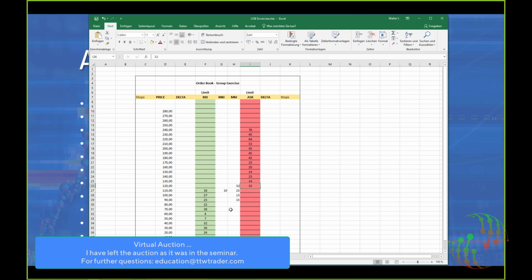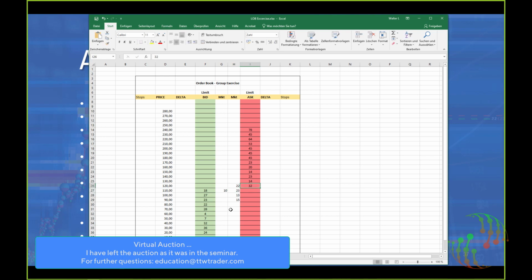Now we are trading 120 to 110. Is anyone ready to buy 33 contracts at 120? I'm selling 32 contracts into 120. It's 32 at 120 and 18 at 110. 10 at 120. That means 22 left.